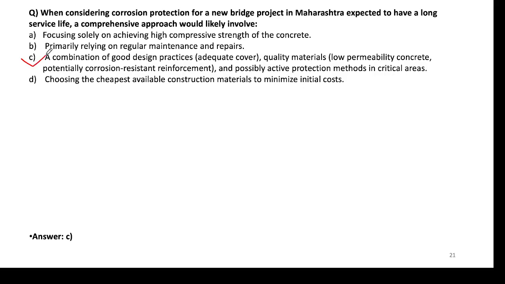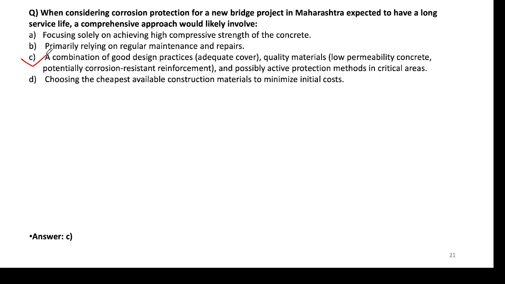The design approach, adequate cover, and low permeability are the factors which will govern how the system behaves. And possibly, if you have active protection, whether it is sacrificial or impressed current cathodic protection, that can prevent further corrosion which is initiated by chloride induced or carbonation induced corrosion, right?